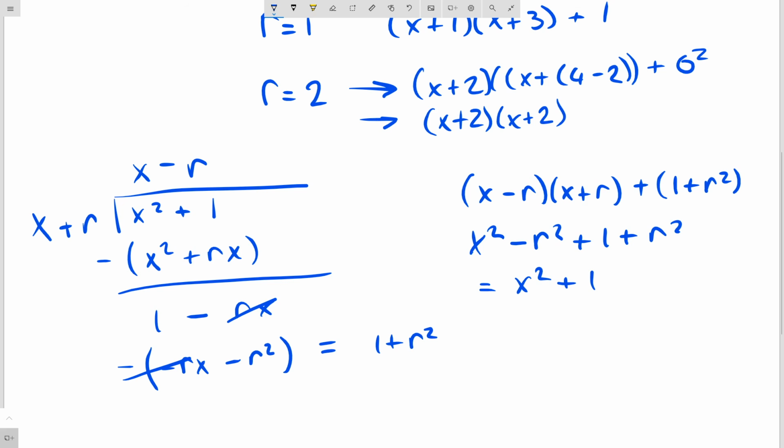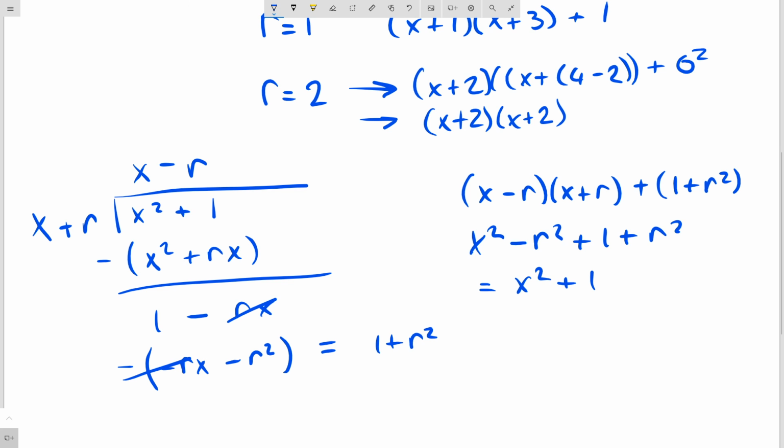So that is a factorized result, and if we test some real r values, you'll realize the remainder is never going to be 0 because 1 plus r squared is always positive. If this was just r, not r squared, or even r cubed, then we'd have a possibility of finding a remainder that is 0.